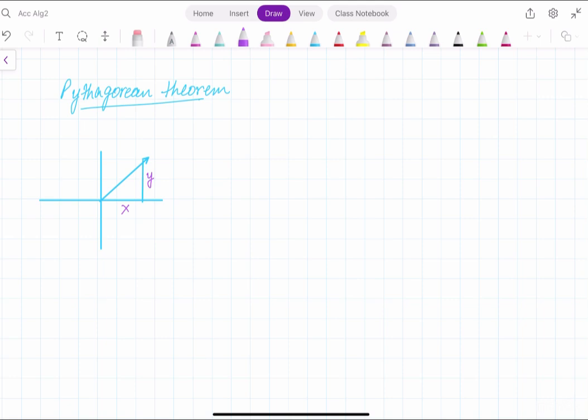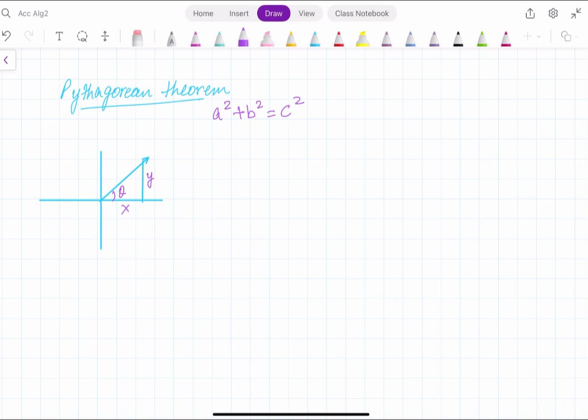And the other side length of the triangle is nothing but the hypotenuse. Let's have the angle as theta. So as per the Pythagorean theorem, a squared plus b squared is equal to c squared. So a and b, they are nothing but the legs of the right triangle, and c is the hypotenuse.